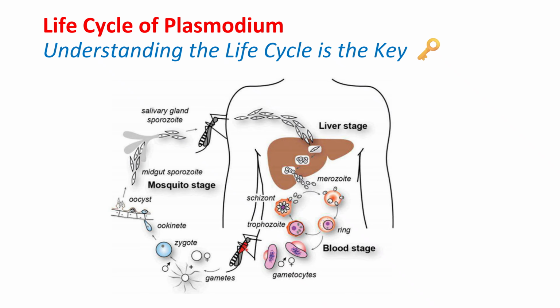Inside the mosquito gut, these gametocytes fuse to form a zygote, which eventually forms an ookinete. This ookinete penetrates the gut wall of the mosquito and forms an oocyst. Inside this oocyst, many sporozoites develop. These sporozoites then migrate to the mosquito's salivary glands and are ready to infect the next human.